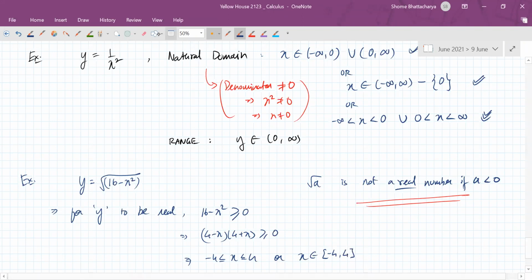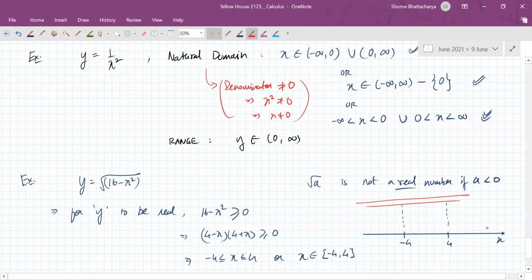The easiest way to analyze this is by the number line method that we discussed before. If you consider the set of all real numbers x, the two factors that we are multiplying, 4 minus x and 4 plus x, have critical points at 4 and minus 4 respectively.